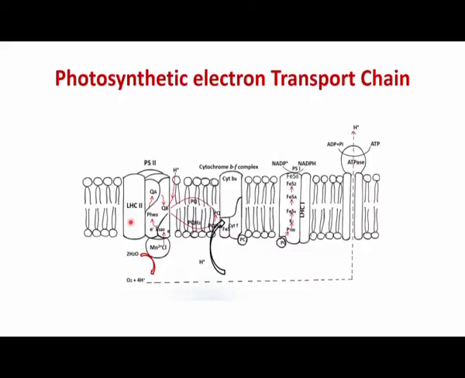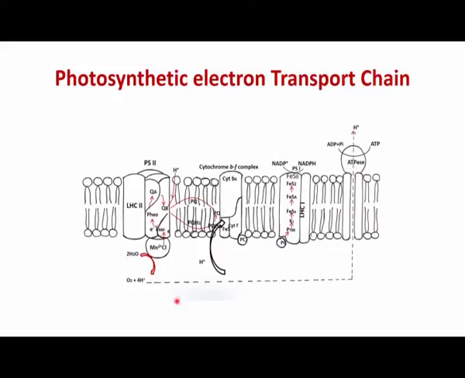So, the chain starts with the activation of P680. Once the sunlight falls on the light harvesting complex, it excites P680, and that energy is utilized to do the photolysis of water, which is done by the oxygen evolving complex, and that complex actually splits the water and produces the electron.